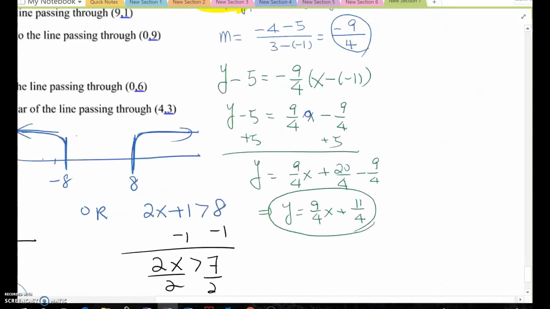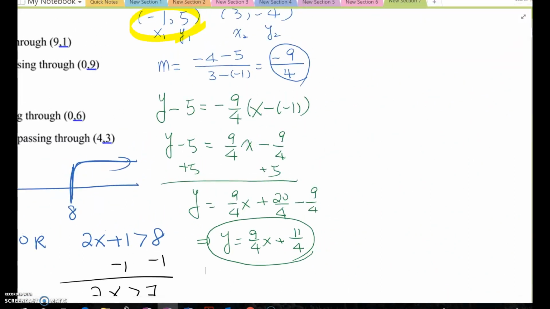So in this case, we can say m equals negative 9 over 4, and then passing through point 9, comma 1.